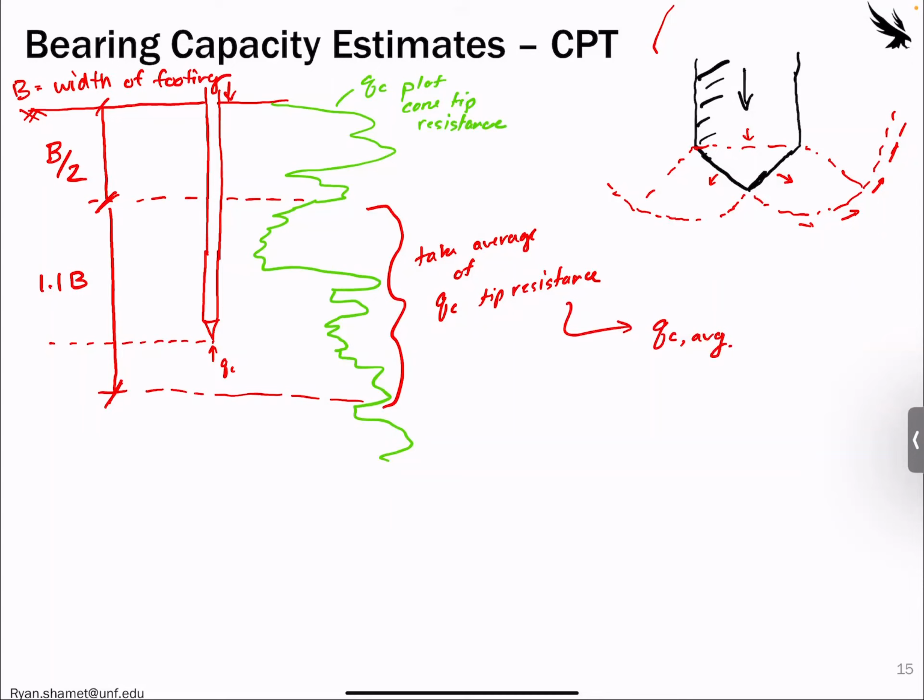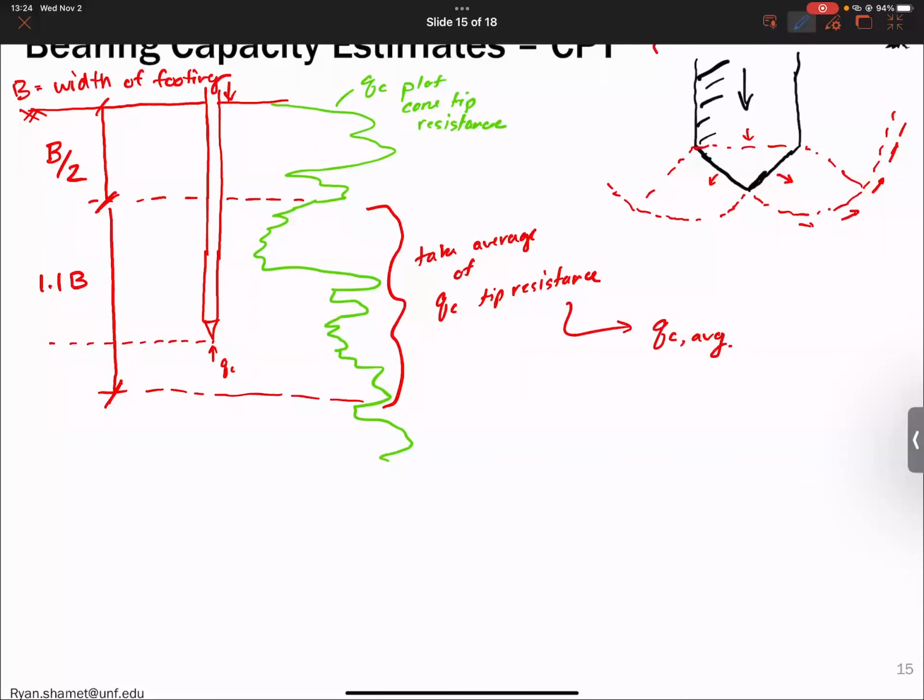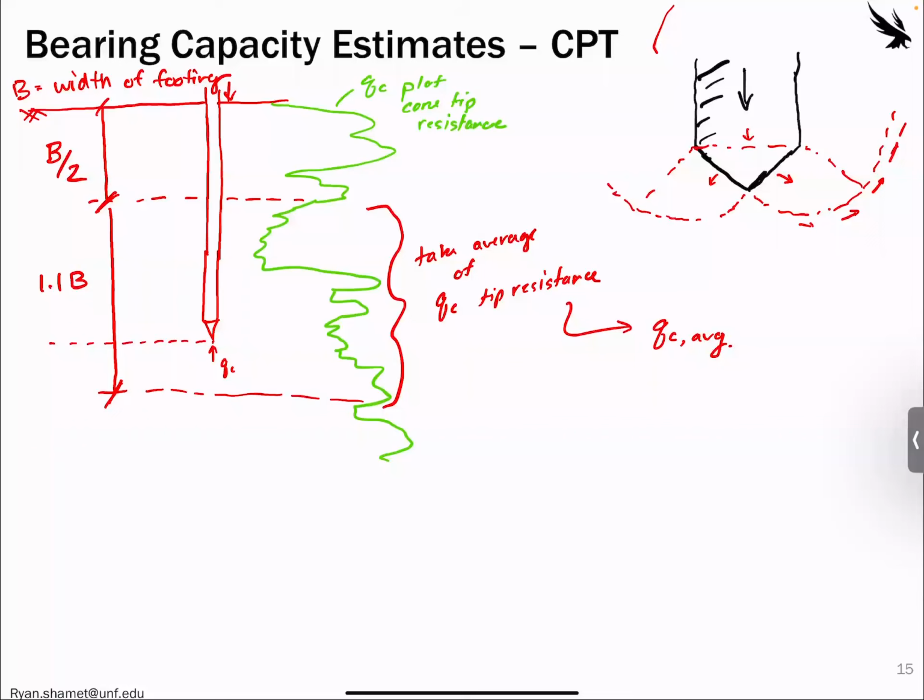So once we have that, then we would apply the following equations, and I'm just going to show them here. Based first for clay. So if we have clay soil, if we have a strip footing, then what we would do is find our ultimate bearing capacity by adding these, 2.8 times qc average.